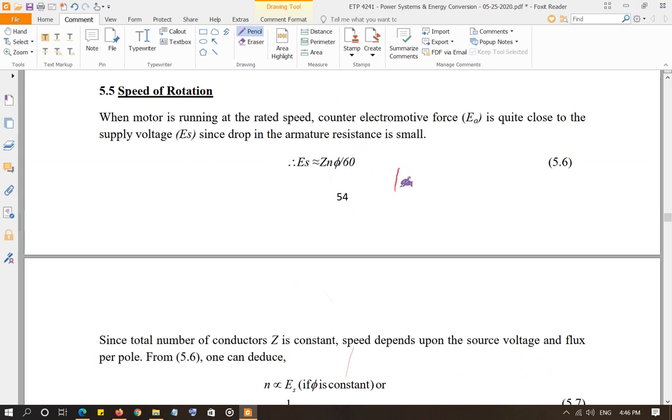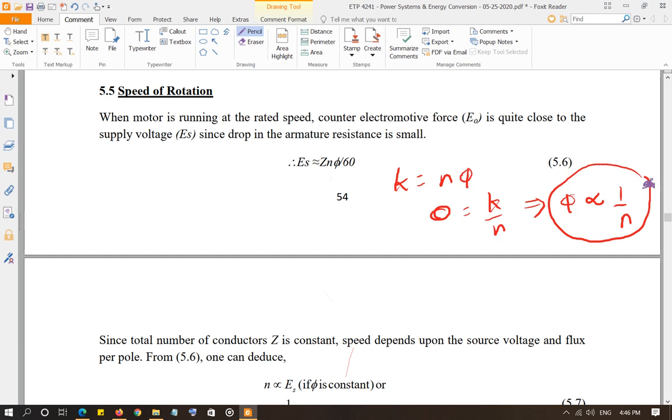So we have a constant equals N phi, and phi will be equal to K over N. In other words, phi will be inversely proportional to the speed of rotation, or the speed of rotation is inversely proportional to the flux per pole.